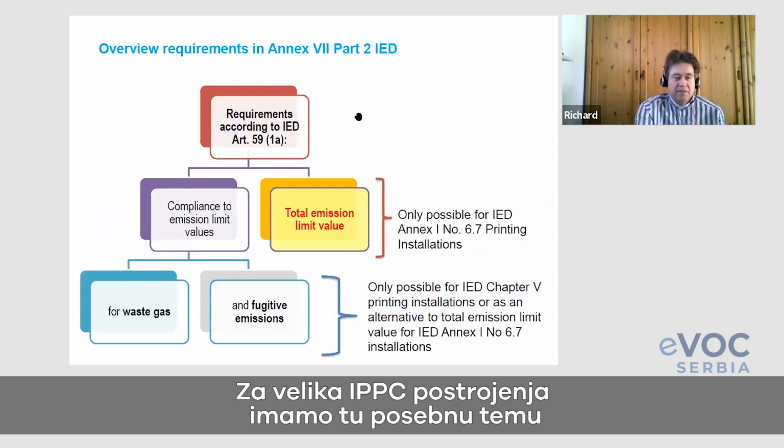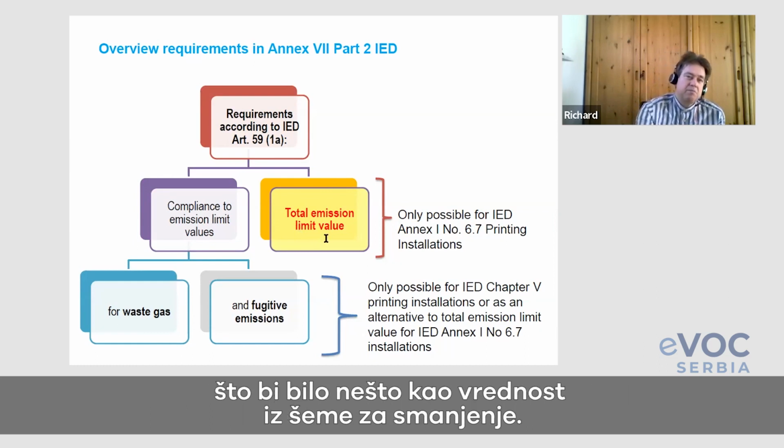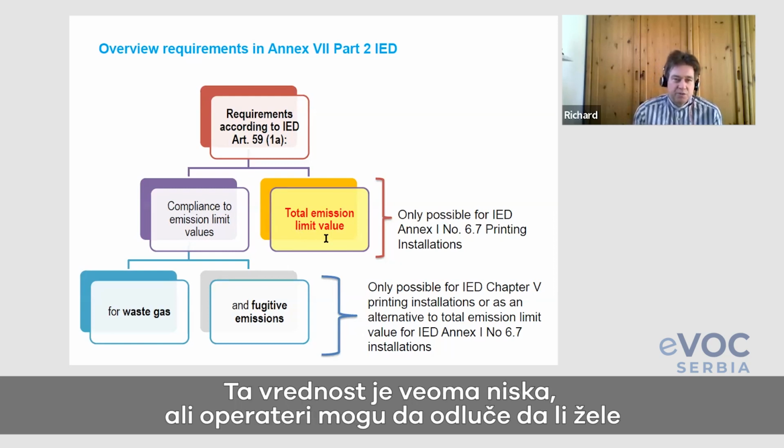Good. There is something for the very large installations that are IPPC installations. So here is a special topic. Such installations now have the chance to comply with a total emission limit value. I would call it like a reduction scheme value, because that value is very low, but that is possible.